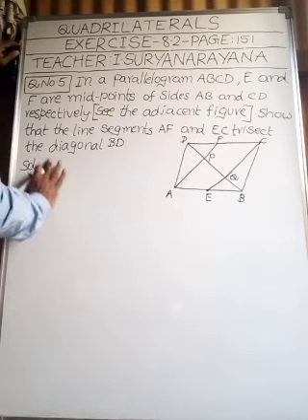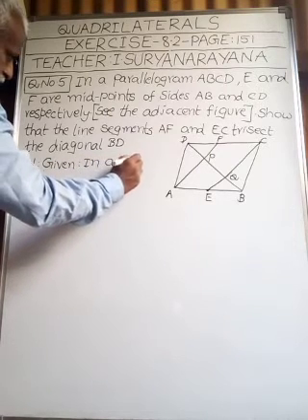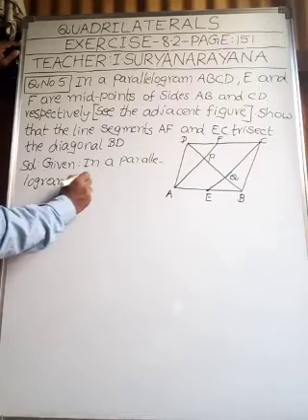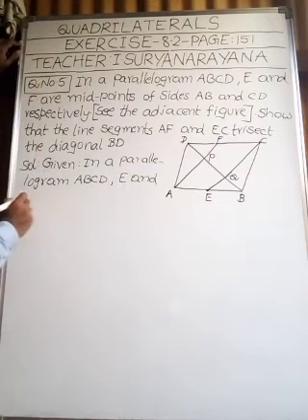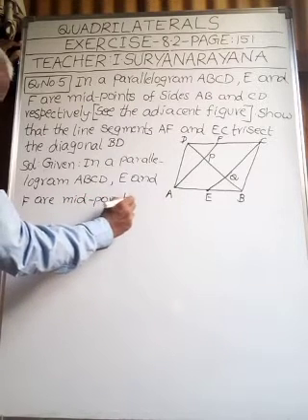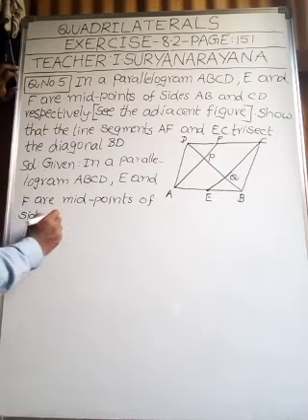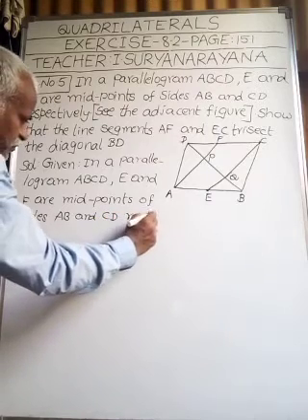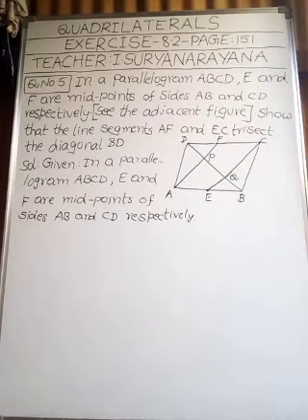Given: in a parallelogram ABCD, E and F are midpoints of sides AB and CD respectively. Okay, my children, this is the given data for us.